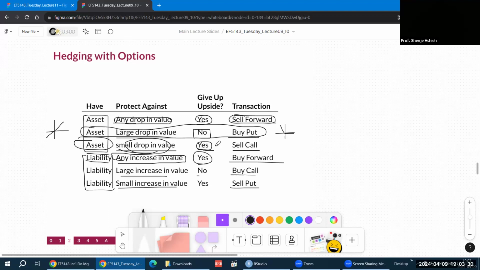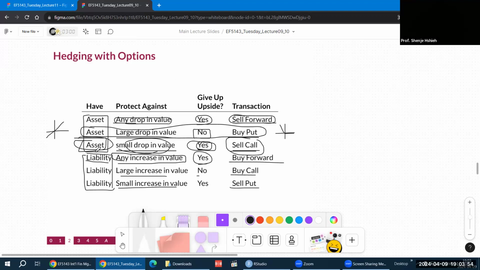In this case, we want to give up the upside, but when we do this, of course, we will have to do something that allows us to go in the opposite direction of our original bet. And so rather than buying a put, which is allowing us to bet against the other direction, we of course can also sell a call, which would give us something like a put, right?